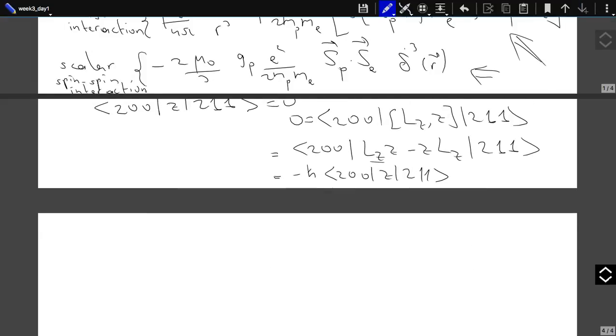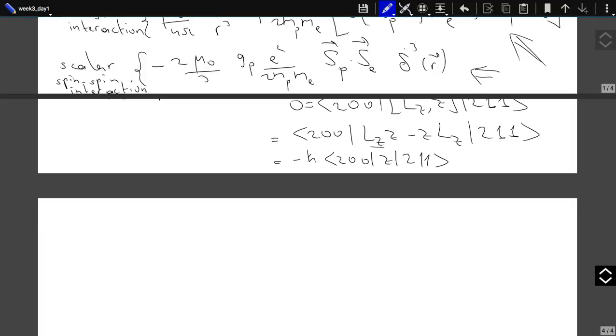So in fact, the only non-zero off-diagonal matrix element is <2,0,0|z|2,1,0>. This is not 0.